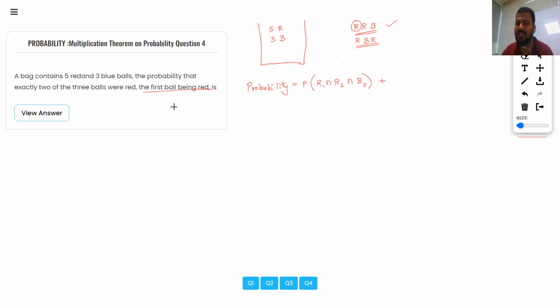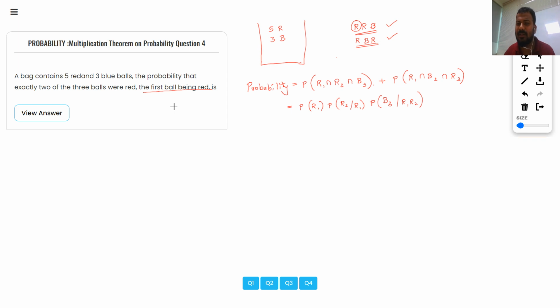Plus, we have to take out this setup or this setup. Both are going to be working. That's why we are going to take out plus, or I can even take it in terms of union here. So I can take it as probability of R1 intersection B2 intersection R3. Now if I'm going to apply the multiplication theorem here, it says probability of R1, that's the first one, times probability of R2 given R1 is already taken, and probability of B3 provided R1 and R2 are already taken.